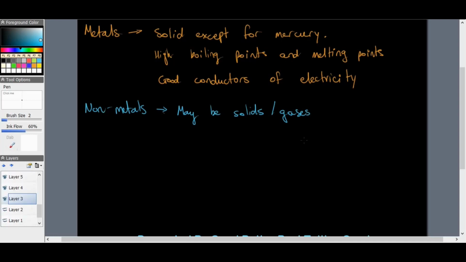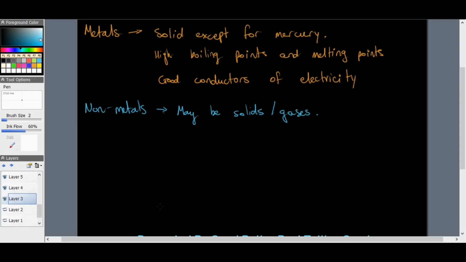Took me a while to get to that word. I was debating in my head which one to say. But maybe solids or gases. Many non-metals are gases at room temperature.